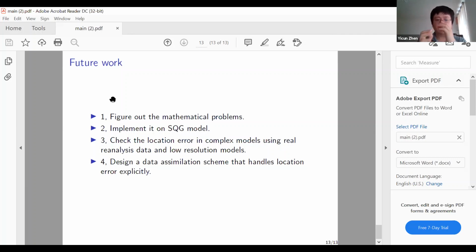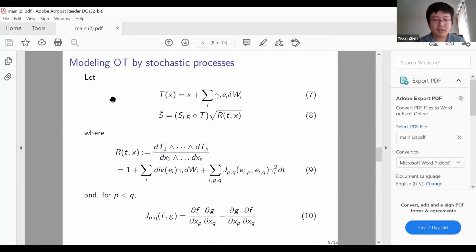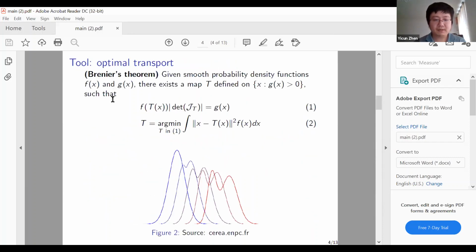Yeah. So in the theory of optimal transport, it also gives you a distance called the vector state distance.